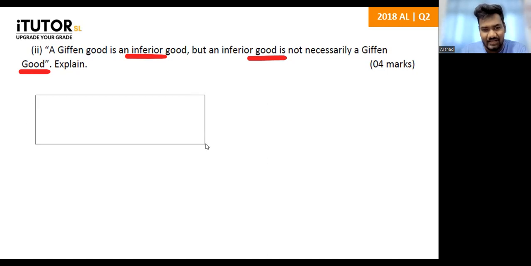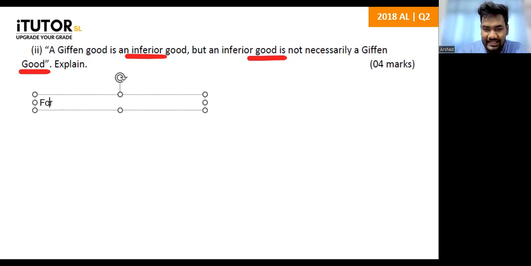Now, how does it work? Can you tell me what is the main condition for a good to be called an inferior good? What should it have, guys?